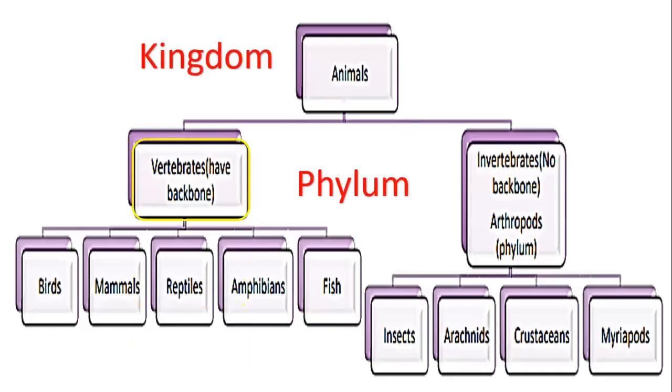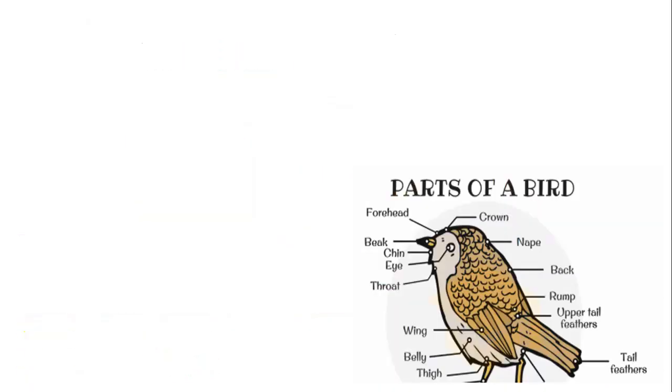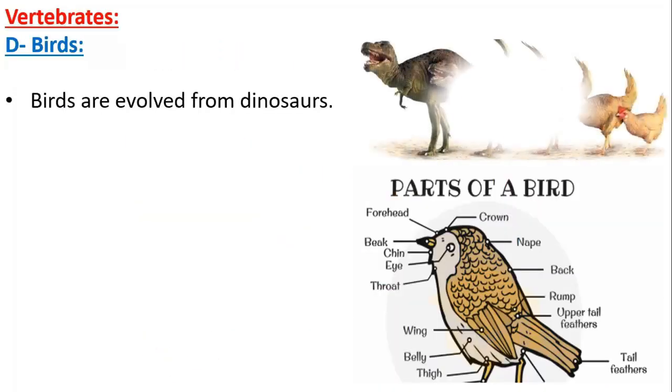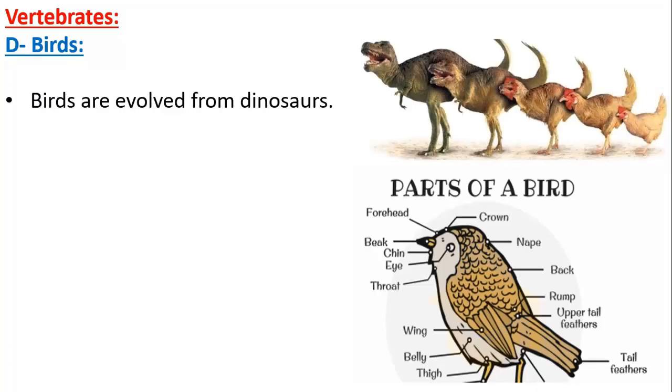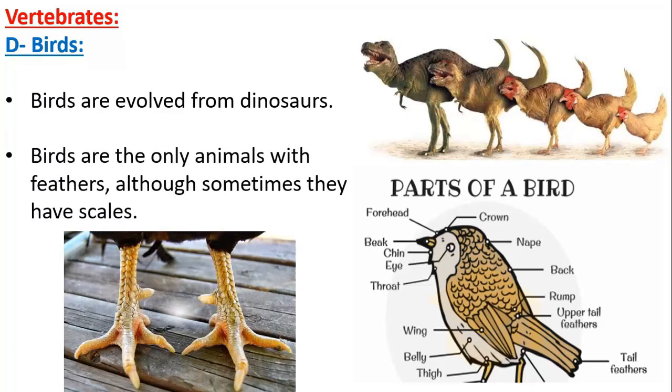Kingdom animals, phylum vertebrates, and class birds. Birds have a lot in common too. All birds evolved from dinosaurs, and I know that this is a fascinating piece of information. Also, birds are the only animals with feathers, although sometimes they have scales in parts of their body.